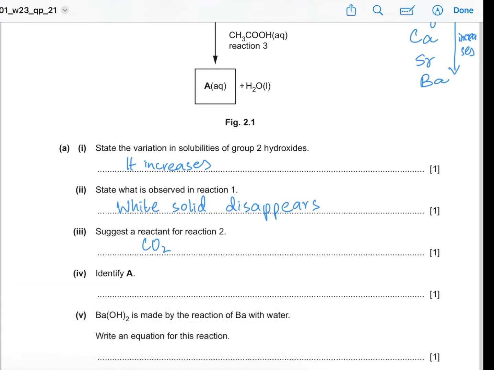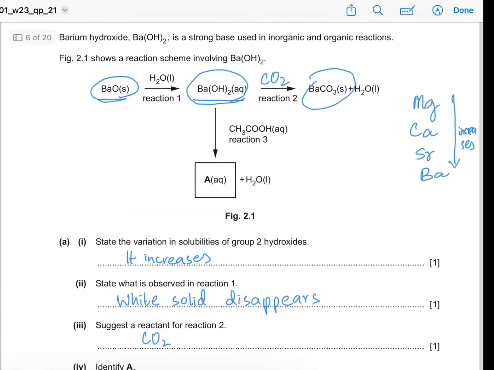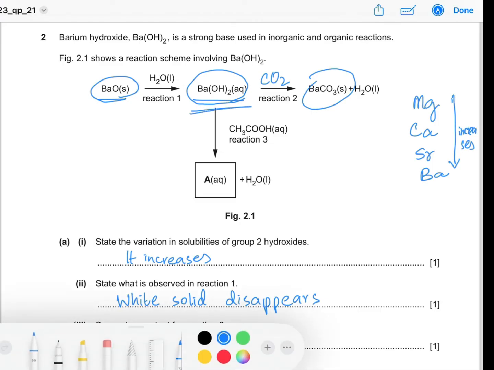Identify A, which is one of the two products when the reaction occurs between barium hydroxide, which is a base, and an organic acid, ethanoic acid. So when a base and an acid react, they form a salt and water. So here you have barium and ethanoate ions which combine to form barium ethanoate as well as water.